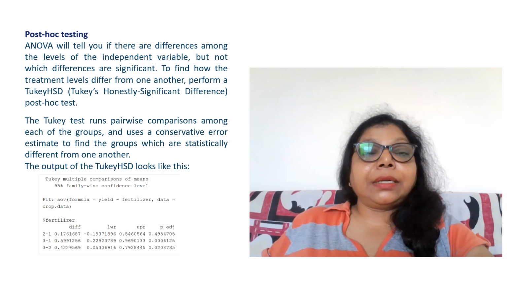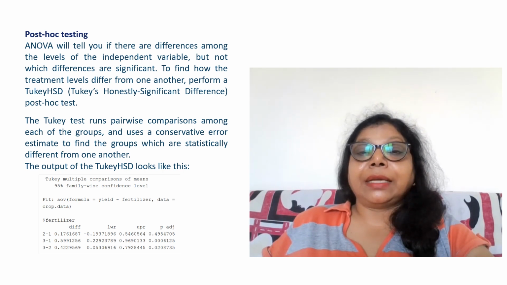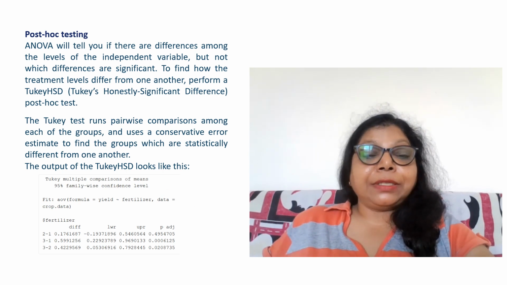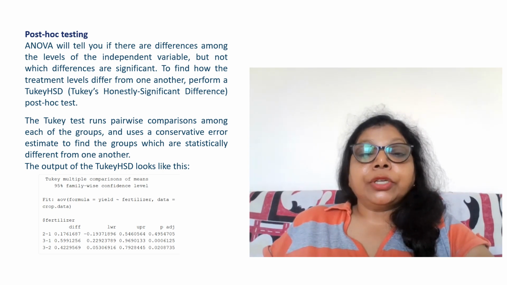So here is the output of the Tukey HSD test. It looks like this, as you can see. I'm putting the highlighter. First, the table reports the model being tested. Next, it lists the pairwise differences among groups for the independent variable.